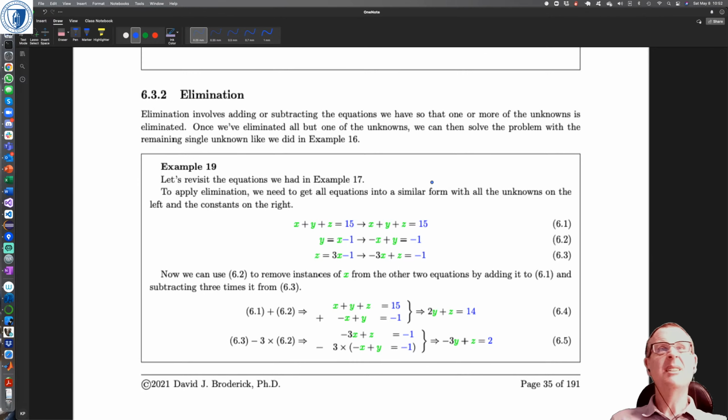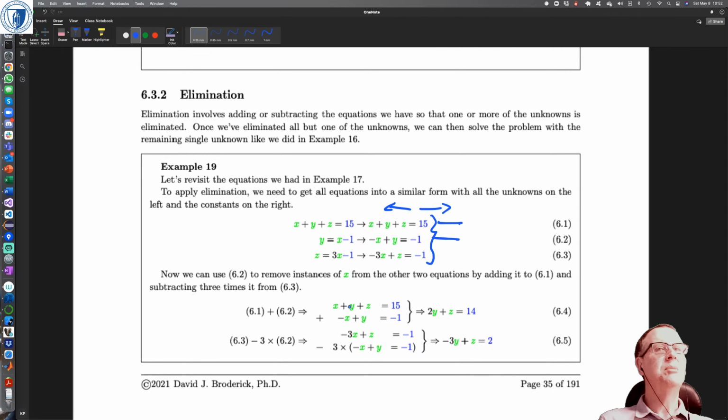Right, so here we've got those same three equations but rewritten so that x and y and z are on the left hand side and the constants are on the right hand side, and then we can just add equation 6.1 to equation 6.2, and because x is negative in one and positive in the other, that will eliminate x from the equation.